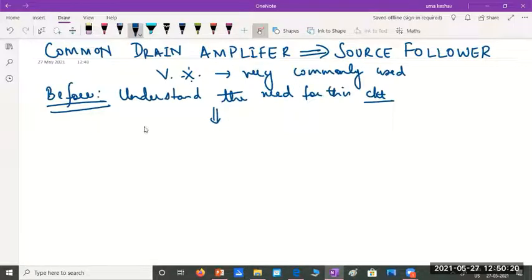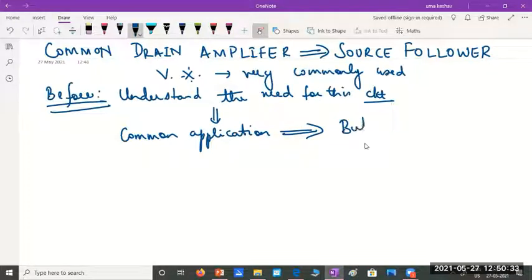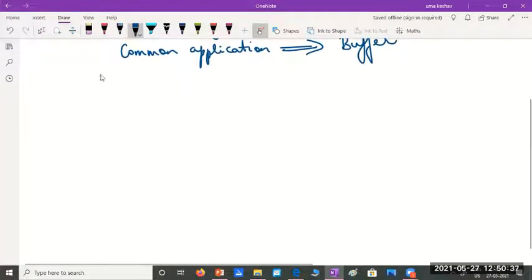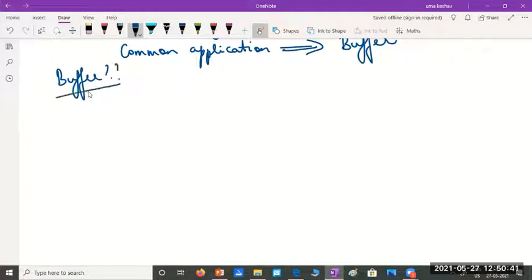The most common application of this circuit is as a buffer. Let's try to understand what a buffer is. So why do we need a buffer and what is it?